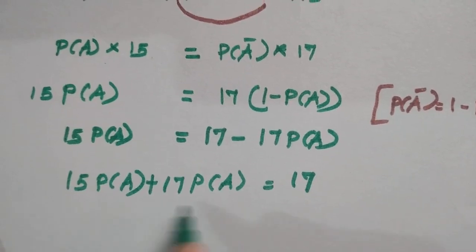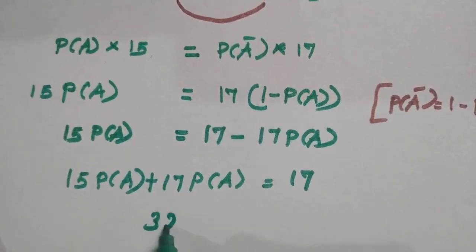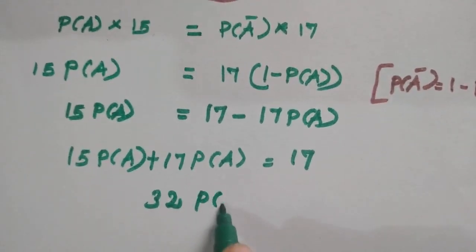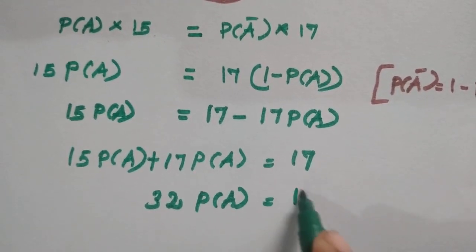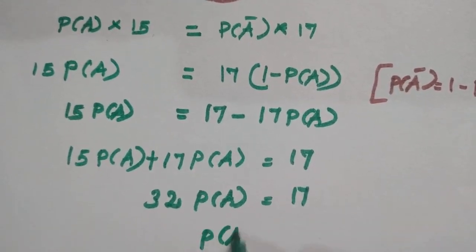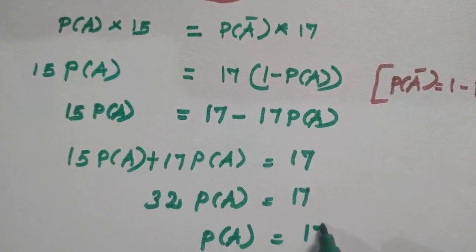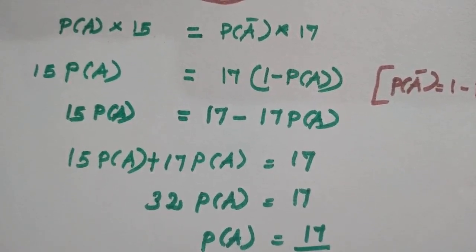What's the value of 15 plus 17? 32 P of A is equal to 17. Then P of A is equal to 17 by 32.